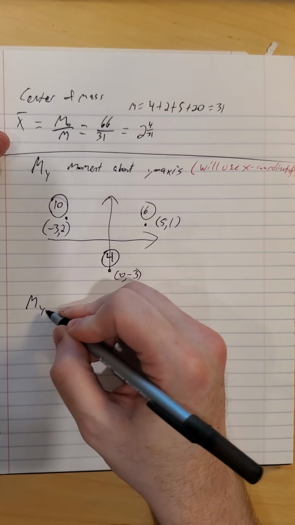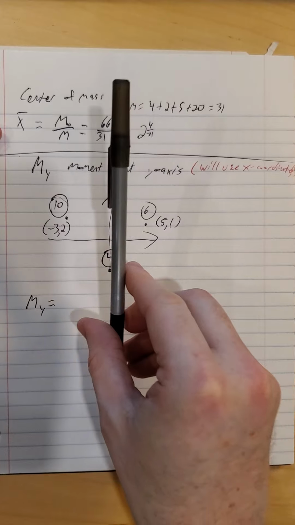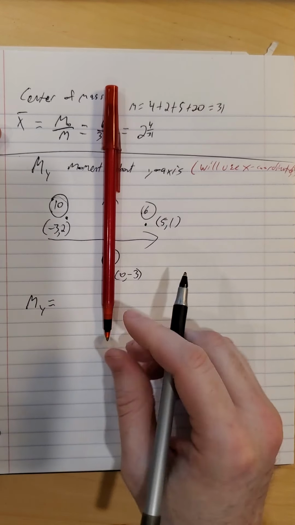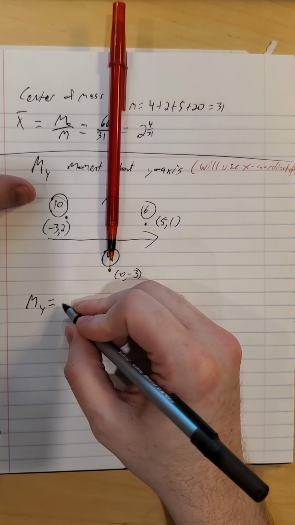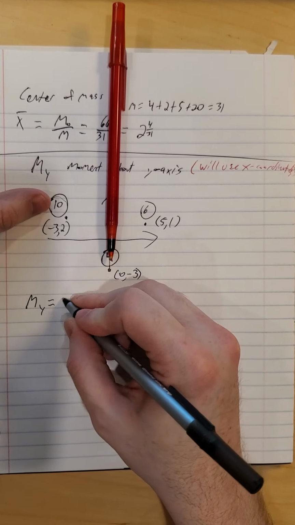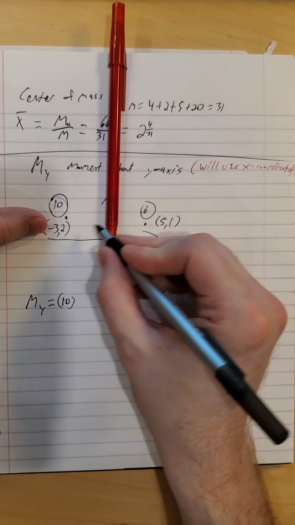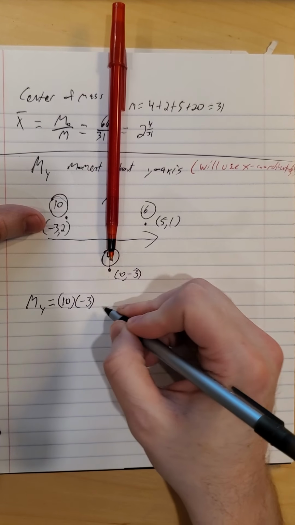So our moment with respect to y. So again, this is my balancing point. So I'm measuring how far I am from that balancing point. So our first moment, mass of 10, and from the y-axis, it is 3 units left.